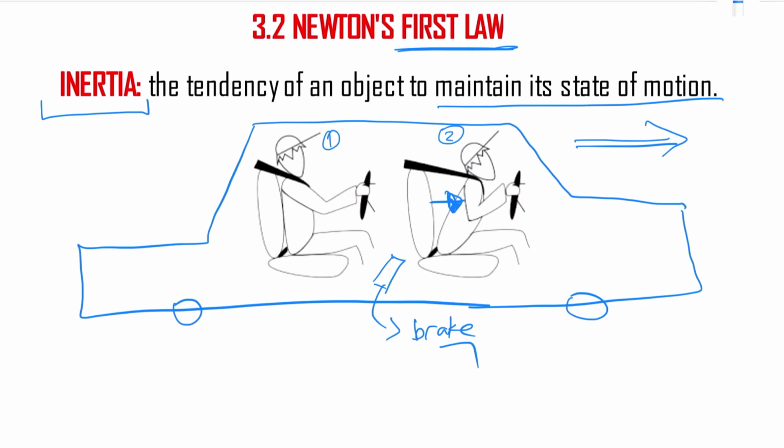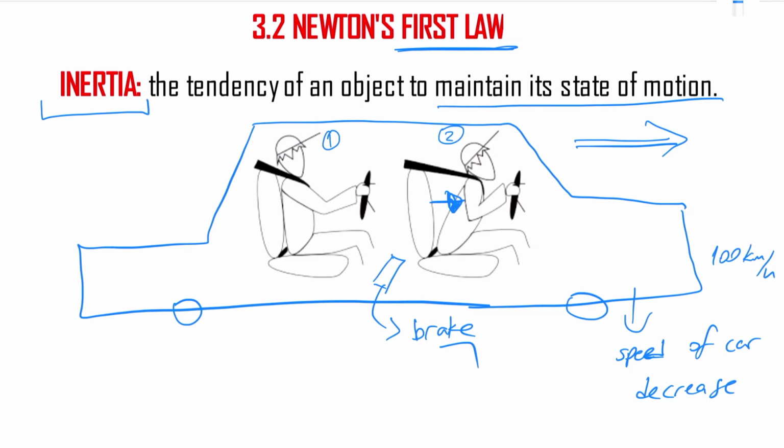So why? Because when the driver applies the brake, the velocity or the speed of the car decreases. But our body does not have any brake. Let's say the car is moving at 100 km/h.